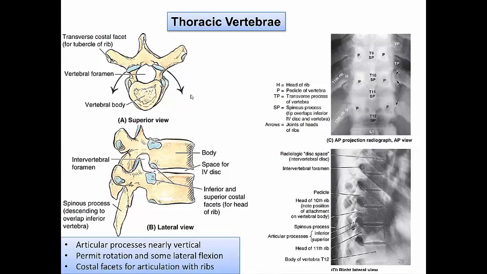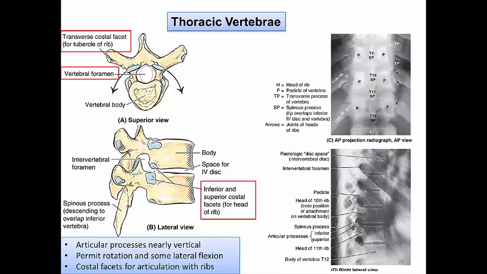Moving on, we have 12 thoracic vertebrae. These vertebrae are each associated with a pair of ribs. This is why we have on the transverse processes this little costal facet for the articulation with the tubercle of the rib. On the vertebrae themselves, you can see that they have an inferior and a superior costal facet for the articulation with the head of the rib.